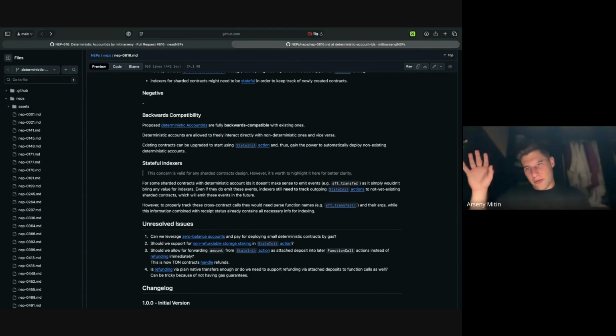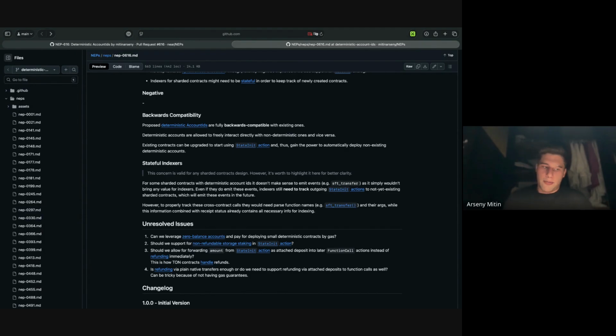Let's say we want to track fungible token transfers. We want to track all of the minters, that's the accounts who can mint some tokens, and then all of the sharded fungible token wallets, the contracts that have ever received these tokens, because then you need to index them, because they might send to some other contracts, and you just add them to the set of all of the contracts that you need to index in order to keep track of all of the transfers of some particular token.